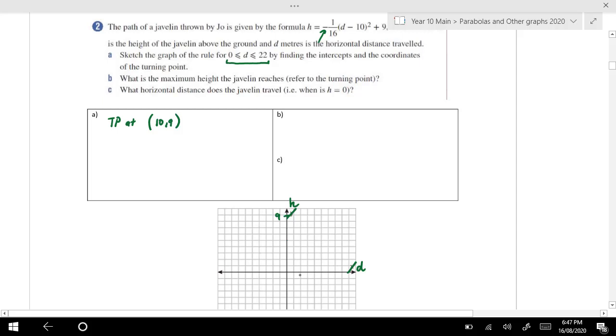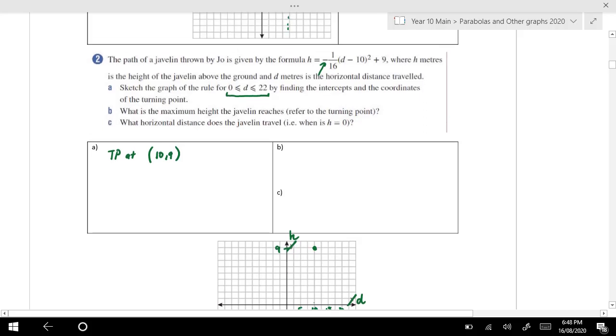I might say that that's 5, that's 10, that's 15, and that's 20, and then we go to 22, somewhere over there. All right, so sketch the graph. You can see there that we've got a turning point at 10 and 9, so let's mark that out. And once again, we've got to find those intercepts.